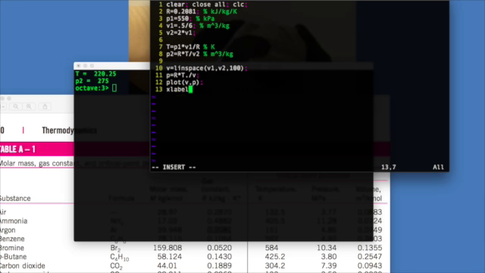And go ahead and put some labels on this. So V in meters cubed per kilogram, and P in kPa. And let's go ahead and plot this.